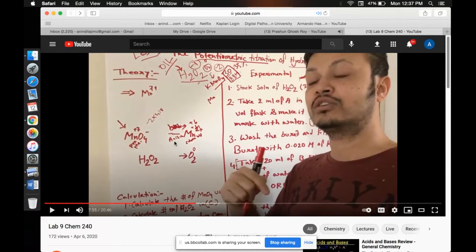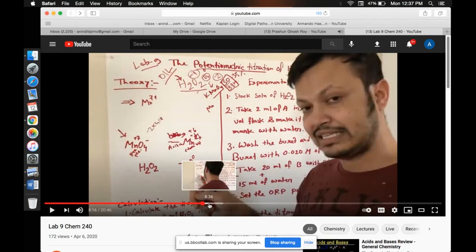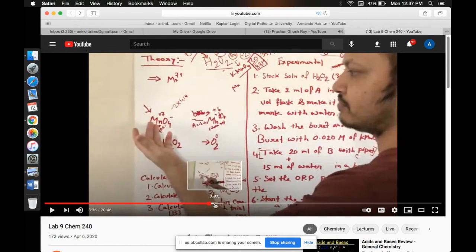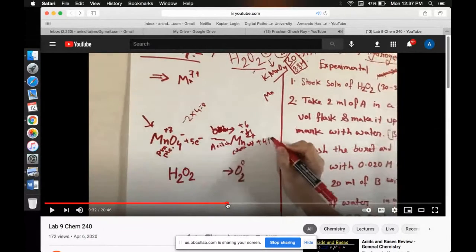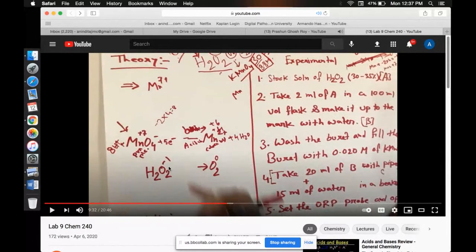But on the other hand, what happened to hydrogen peroxide? The oxygen in hydrogen peroxide is -1, and it is converting from -1 to 0. So is it gaining or losing electrons? Since it is moving to a less negative state, it is losing electrons, so it is being oxidized.